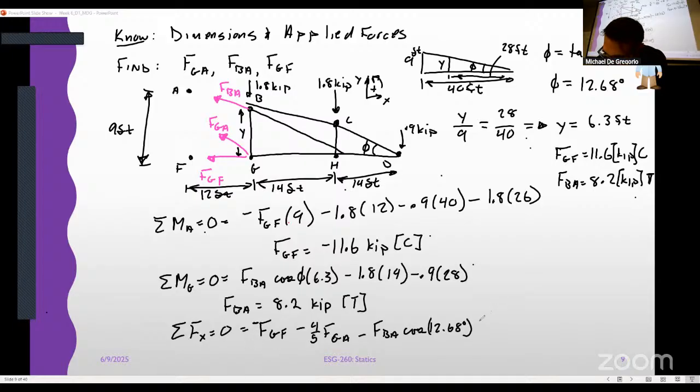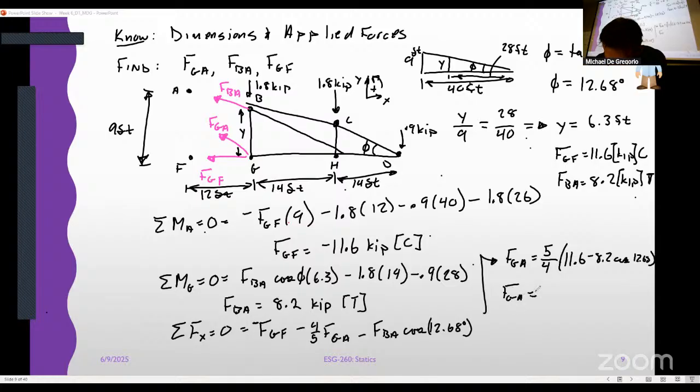Right, so we end up with FGA is equal to 5/4 times 11.6 minus 8.2 cosine of 12.68.